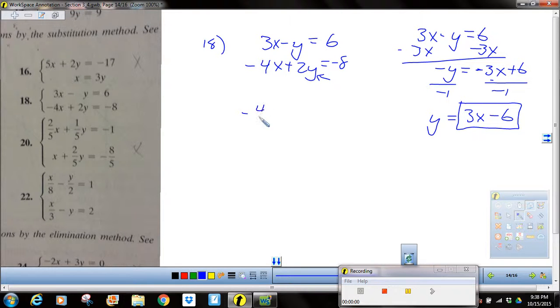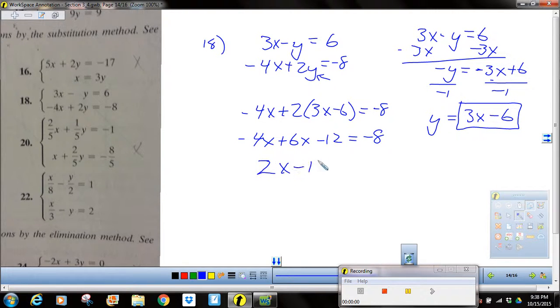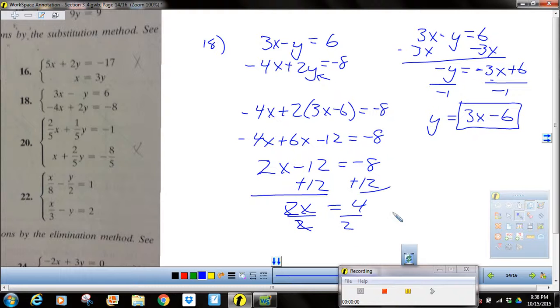So negative 4x plus 2 times 3x minus 6 is equal to negative 8. Now I'll solve this equation for x. And it looks like x is going to be 2.